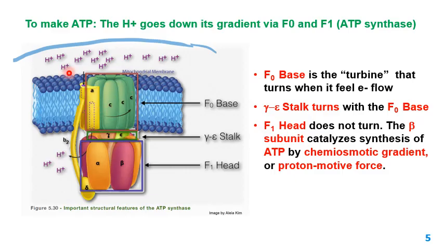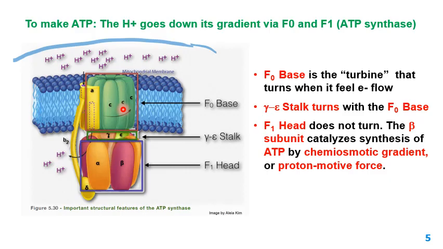Also, you can imagine if you have a river and you have those water flow systems that generate electricity. You know what I'm talking about? Water mills, something like that. So this is like a water flow that goes through the mill and turns this little engine. Okay, so it will go from the mitochondrial intermembrane space towards the matrix.